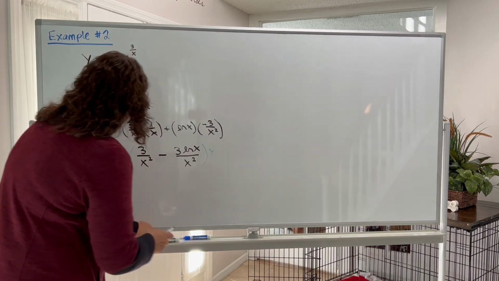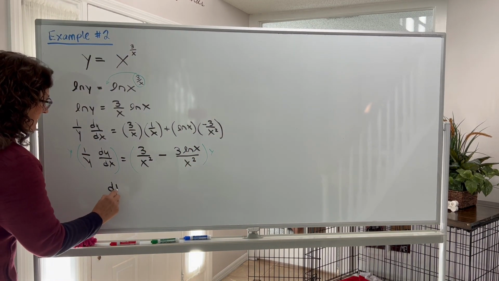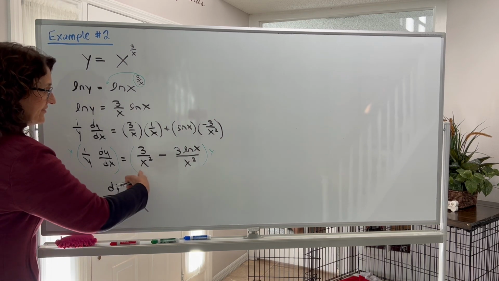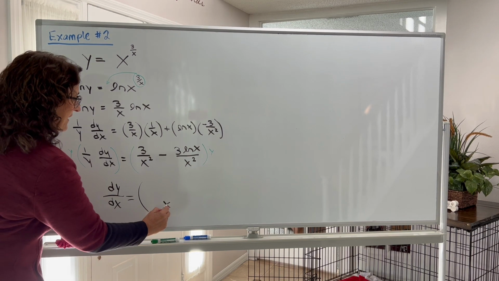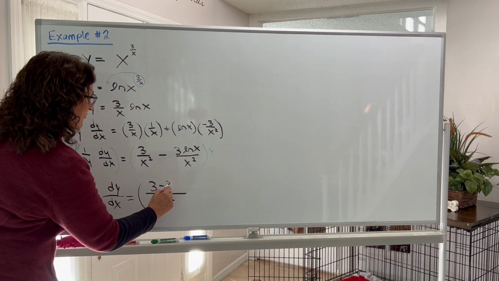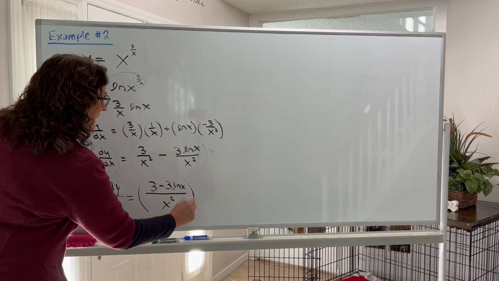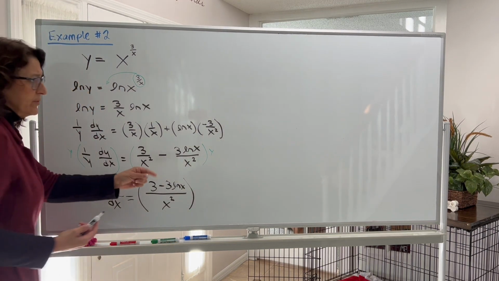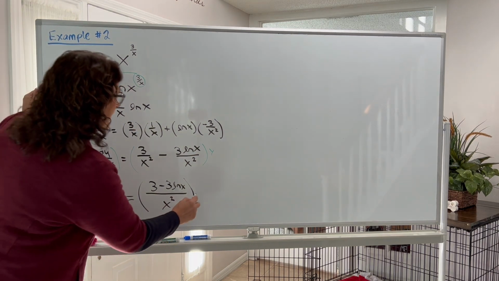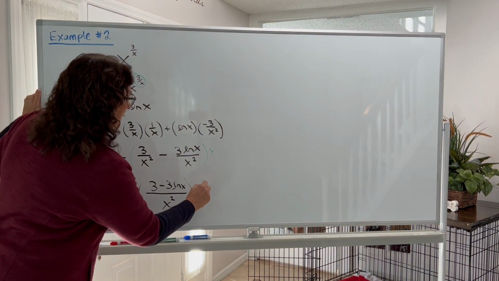So finally our answer is dy dx equals, well, they have the same denominator, so I can keep the denominator and combine those numerators: 3 minus 3 ln x. Then multiply that by y, but remember, we're not going to put the y here. We're going to substitute in x to the 3 over x power.